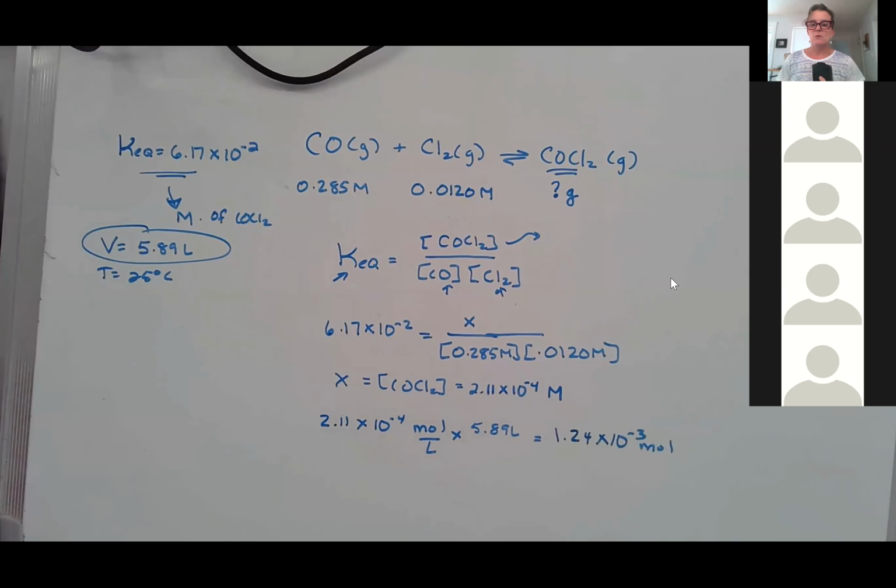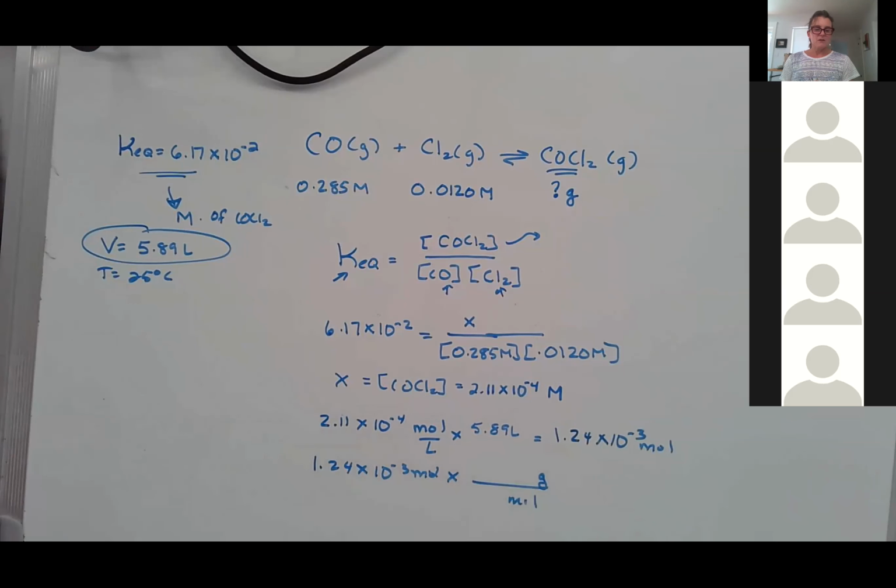Then I'm going to use the molar mass to get the number of grams. 1.24 times 10 to the minus 3 moles times the number of grams per mole.